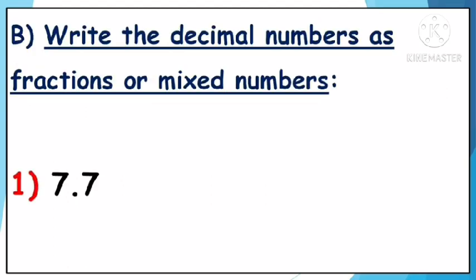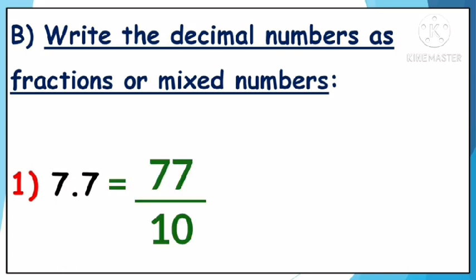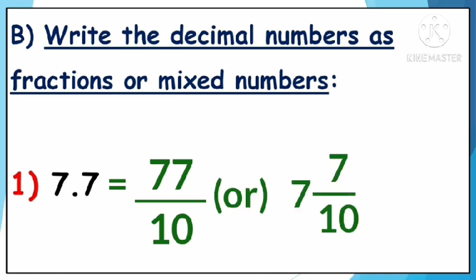Write the decimal numbers as fractions or mixed numbers. The first decimal number is 7.7. Now this decimal number can be represented in the fractional form as 77 by 10, or it can also be written as a mixed number like 7 and 7 by 10.